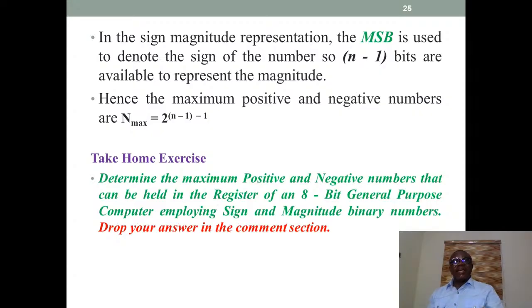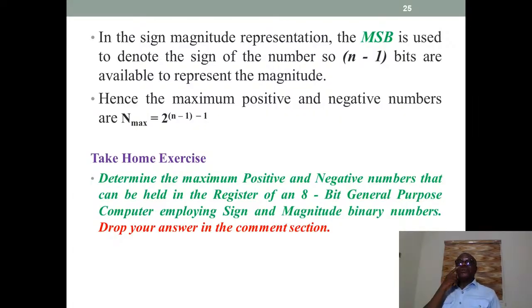In the sign magnitude representation, the most significant bit is used to denote the sign of the number. So it will give n minus 1. Like we have seen, we have 8 bits, so we subtract the most significant one.